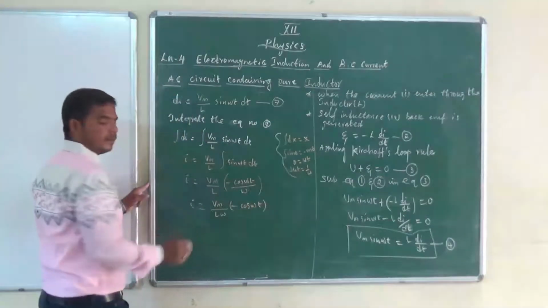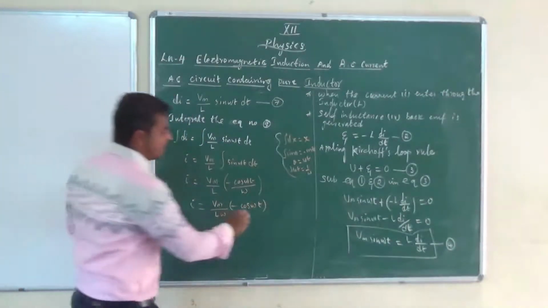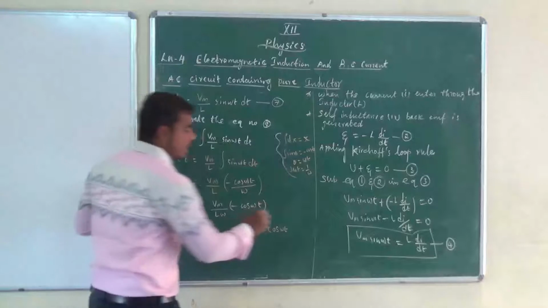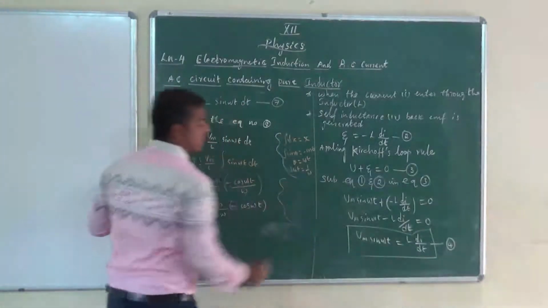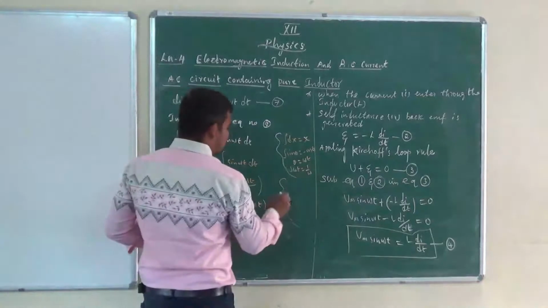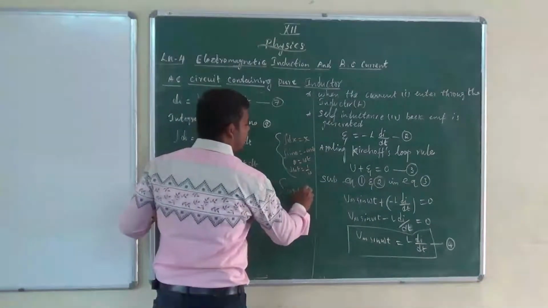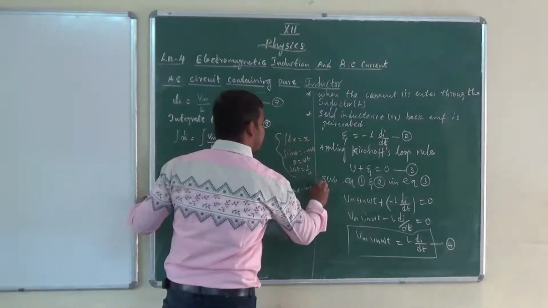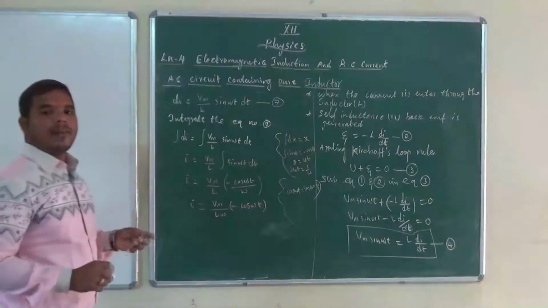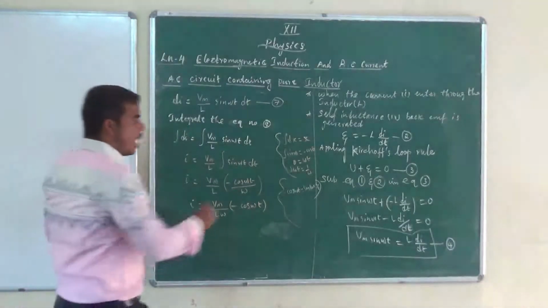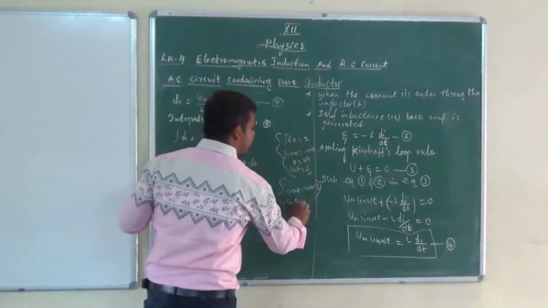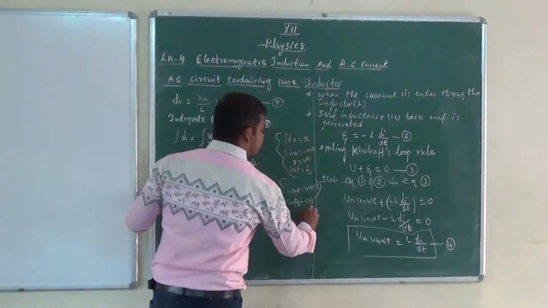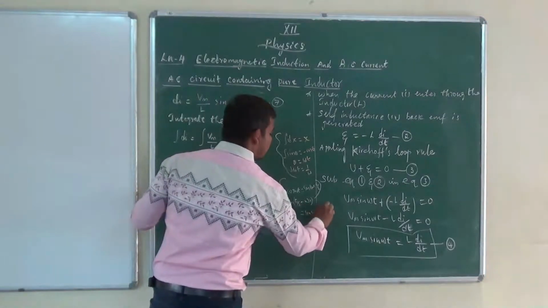Now minus cos omega t, as given in your book, we can write in the sin form: sin omega t minus pi by 2. Or minus sin pi by 2 minus omega t equals sin omega t minus pi by 2.